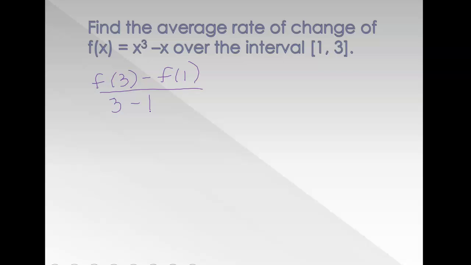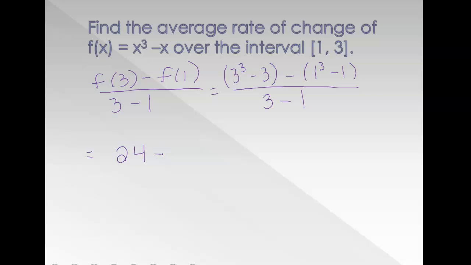So I need to know, okay, what is f of 3? f of 3 is 3 cubed minus 3, minus f of 1, which is 1 cubed minus 1, all over 3 minus 1. So 3 cubed is 27. 27 minus 3 is 24.